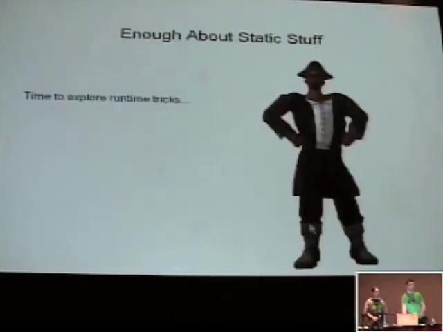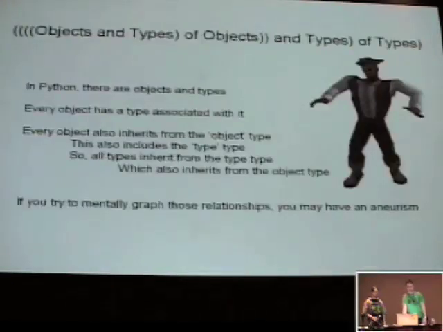So enough about the static stuff. We're going to go into all the cool stuff you can do, because Python's a dynamic language and all the runtime awesomeness. Okay, this is a really confusing slide, so bear with me. Objects and types and types of objects. But in Python, every object is of type, or inherits from, the object type.